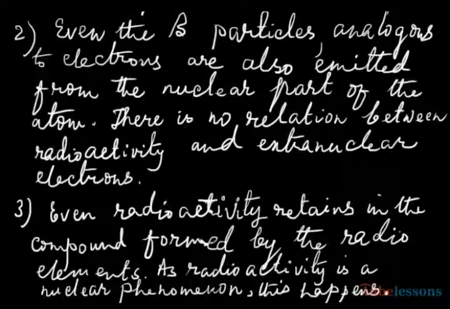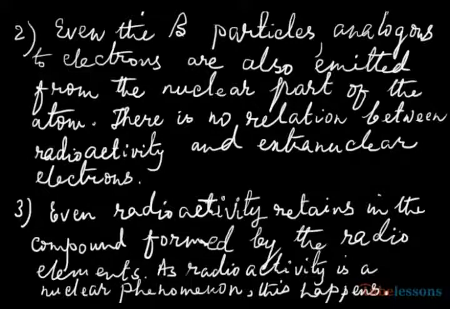And keep in mind that if one alpha particle is emitted from a radioactive nucleus, then its mass number is decreased by 4 and its atomic number is decreased by 2. And if one beta particle is emitted from a radioactive nucleus, its atomic number is increased by 1, keeping mass number unchanged.